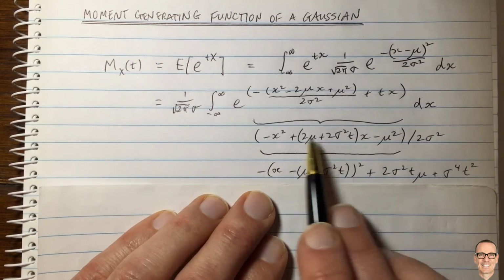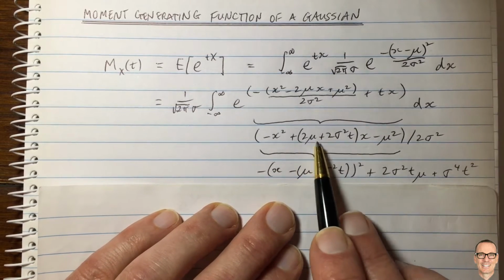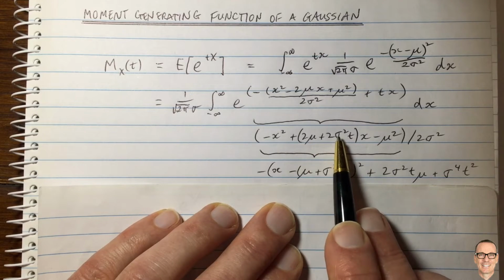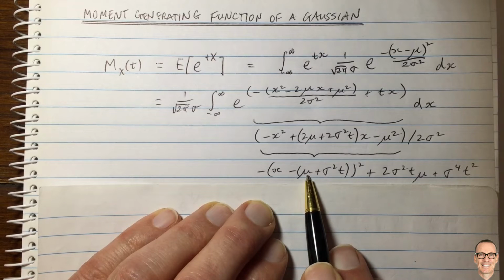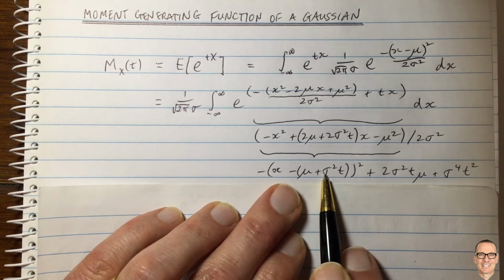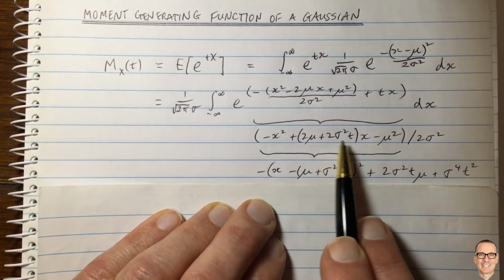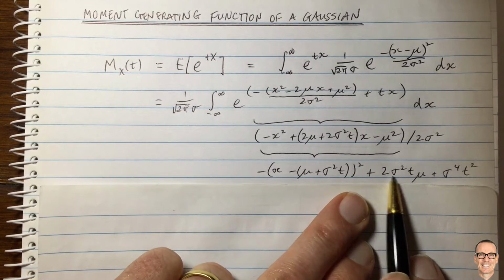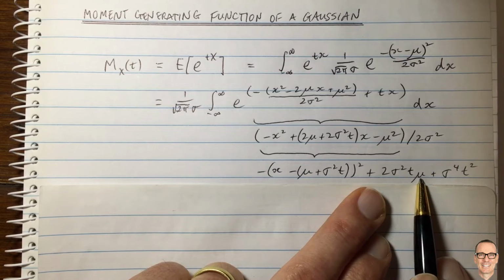Completing the square, this has got the 2's already, so we need to have mu plus sigma squared t. If we've got x minus mu plus sigma squared t in here, then because we've taken the negative out the front, we'll be getting exactly this expression with an extra term left over, which is 2 sigma squared t times mu.